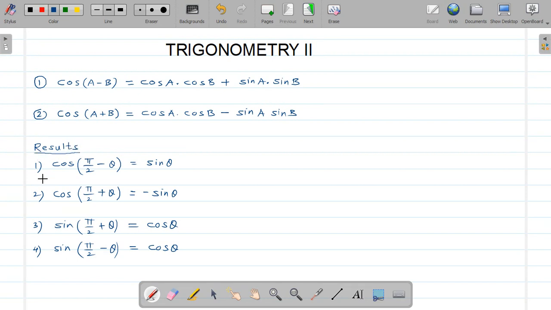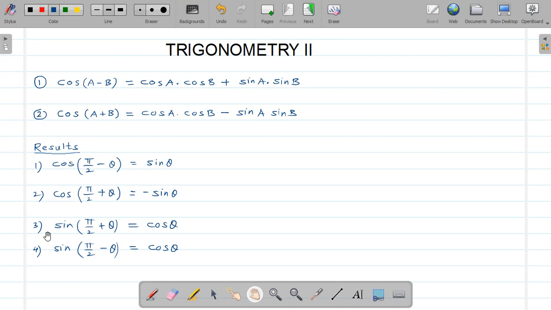important results. First result is cos of pi by 2 minus theta is equal to sin theta. Then second one is cos of pi by 2 plus theta is equal to minus sin theta. Both the results we have proved by using the compound angle formulae.